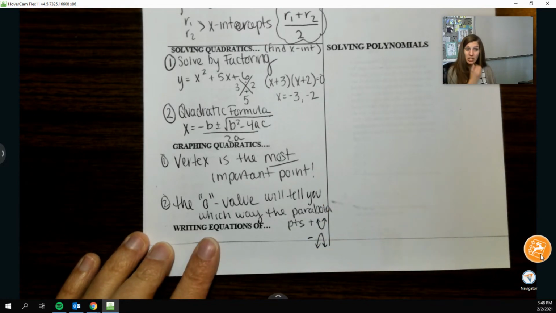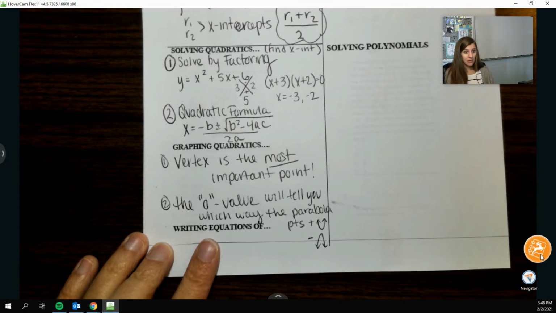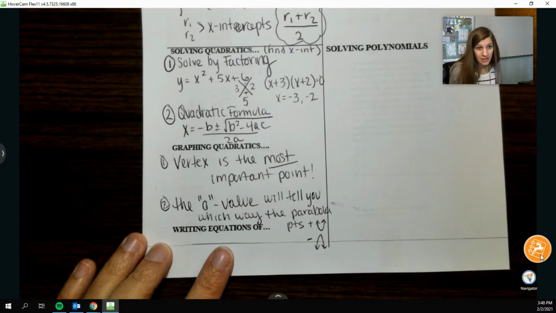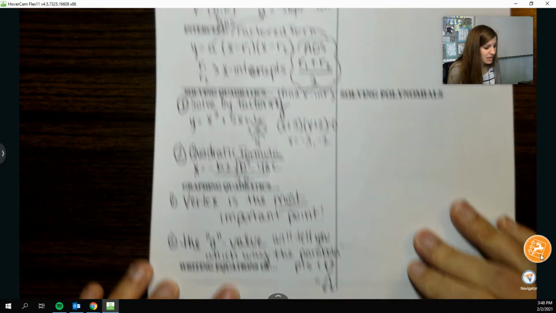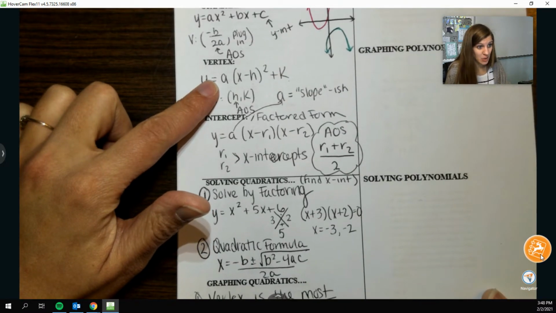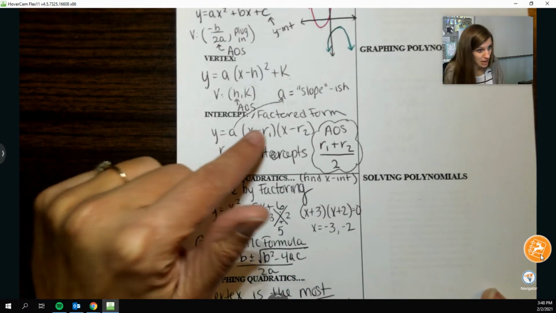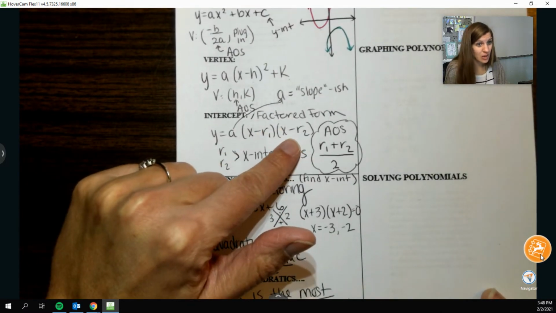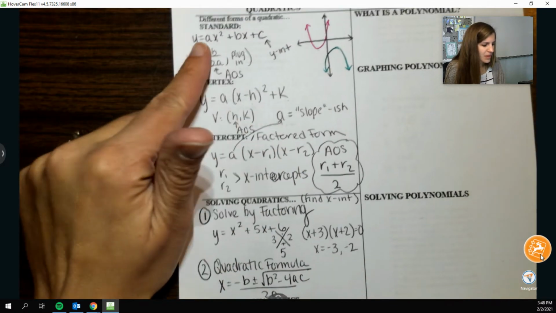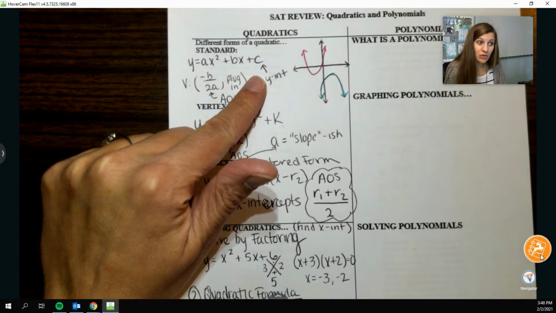If you have to write equations, again, it's really going to be dependent on understanding these different forms. If they've given you the vertex, then you probably want to put it in vertex form, because you just pop them in there. If they've given you the x-intercepts, then you probably want to put it in factored form. They're probably never going to give you a, b, and c, truly.